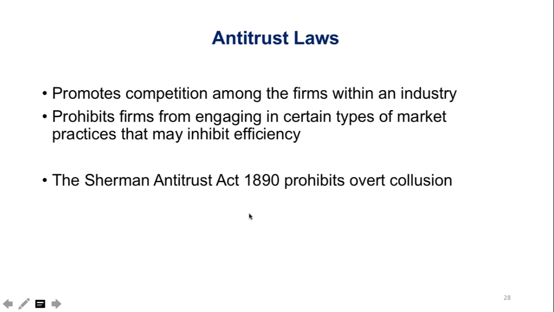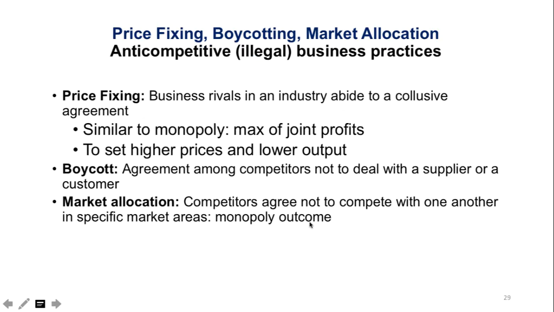The Sherman Antitrust Act of 1890 prohibits collusion that tries to decrease efficiency and monopolize the market. Price fixing, boycotting, and market allocations are anti-competitive and illegal business practices.